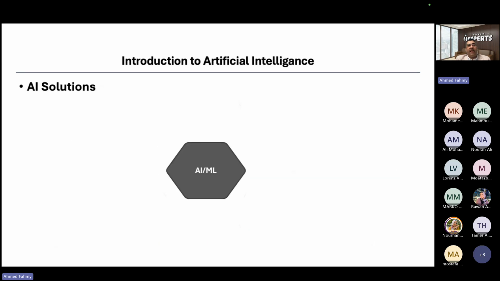Definitely today, from an AI solutions point of view, we have so many solutions that have been built around the concepts that I have discussed with you a few minutes ago. So we have solutions that are categorized as computer vision. When you are in the airport, you may find that at the borderline there are some AI machines to detect your face, to scan your passport, and maybe to authenticate your fingerprint and so on.